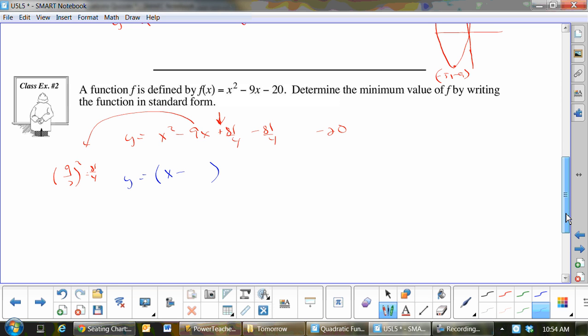X minus 9 over 2 squared. What did I say is a relationship between these two? It's always a half of it, right? Make sure your negatives are always the same. Now, then I've got to do negative 81 over 4 minus 20. And you guys can put that in your calculator. Negative 81 over 4 minus 20, math, enter, enter. What do you get?